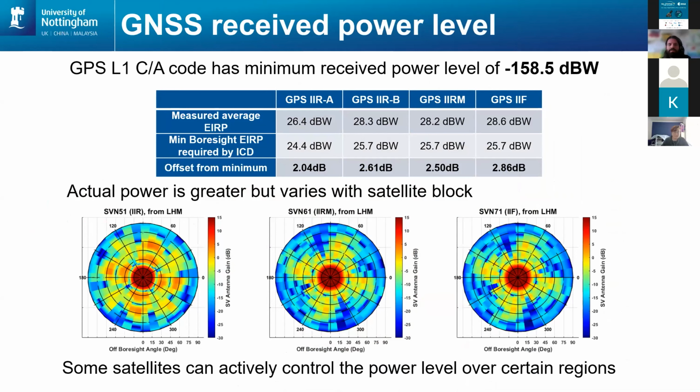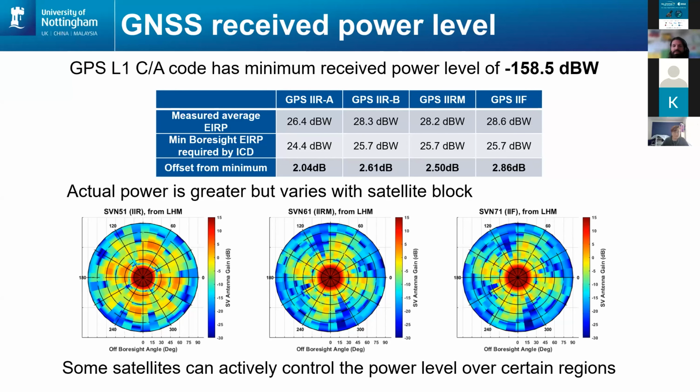And in terms of power level, each system defines a kind of minimum level. So here, for example, for traditional GPS, minus 158.5 dBW is a kind of standard or minimum level. But actually, if we take averages across the different blocks, we find that the signal is stronger than that, and it also varies between the blocks.